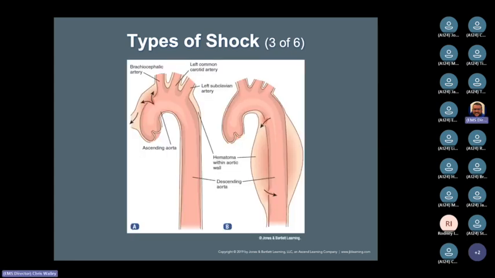All right, so right there is an illustration that shows the sites of the thoracic aortic dissection. A tear in the ascending aorta causes some proximal and distal dissection. A tear in the descending aorta may cause extensive distal dissection. How fast are these patients going to perish? Somebody tell me.